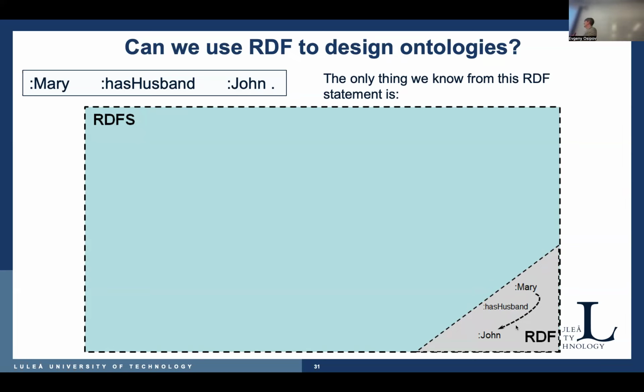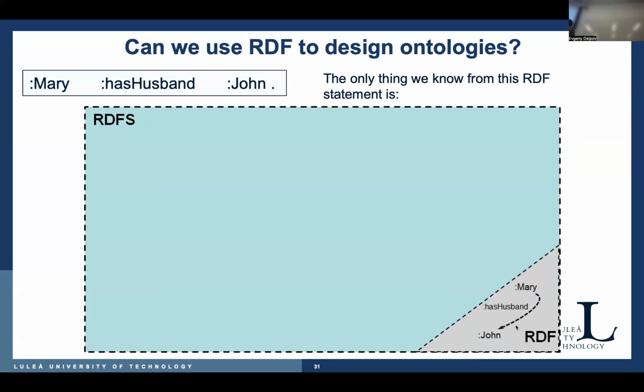There is no information in this statement, which is an RDF triple, about what these symbolic strings are, what this symbolic string means, and this doesn't allow us to add semantics, or any kind of generalization. For example, having a husband.